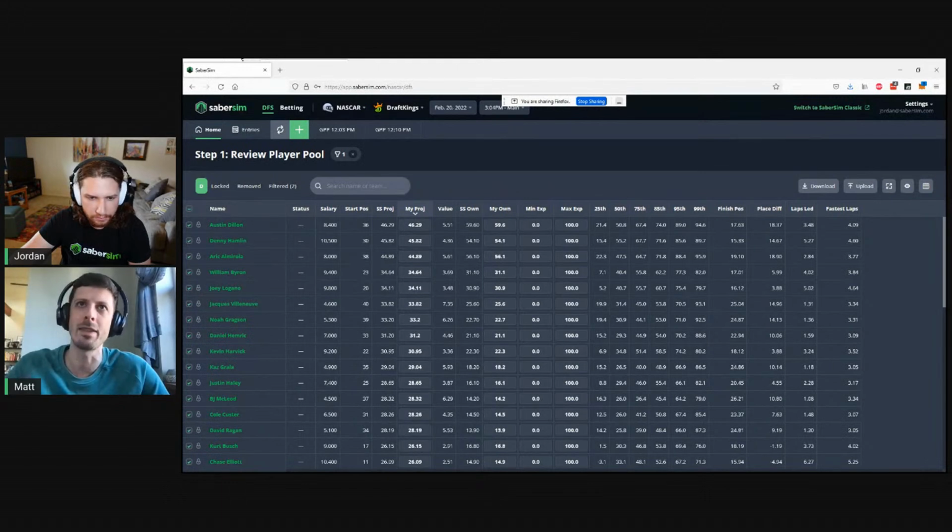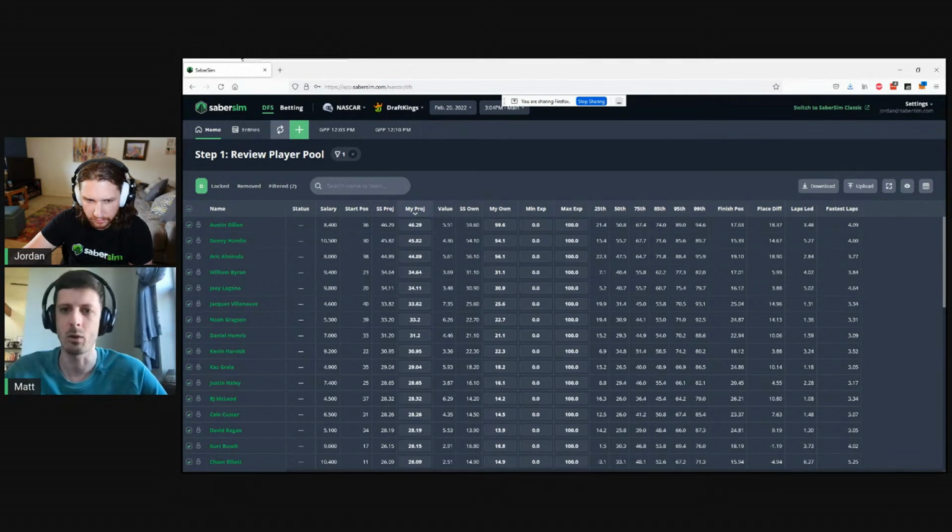But I think it's still viable to do that because the ownership fade slider does kind of incorporate the variance of the players, and obviously for a huge contest like a Million Maker, you do want to make sure that you're incorporating ownership.